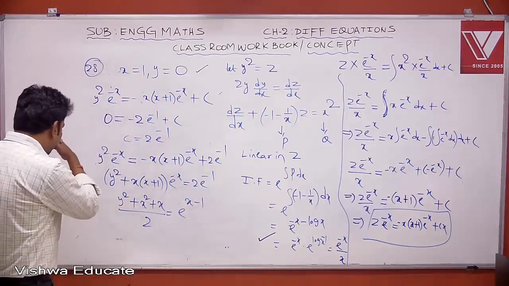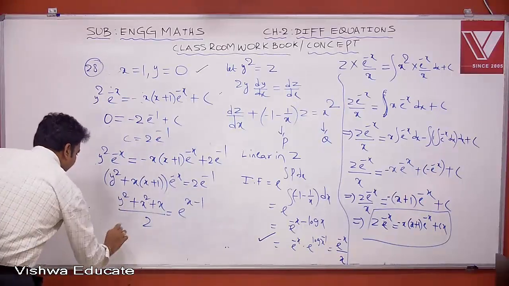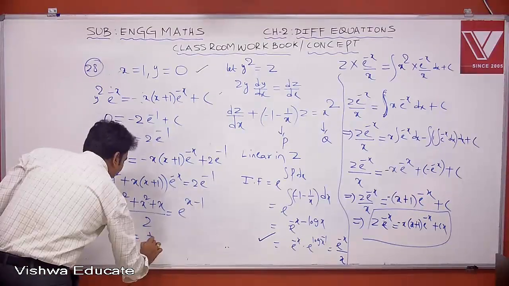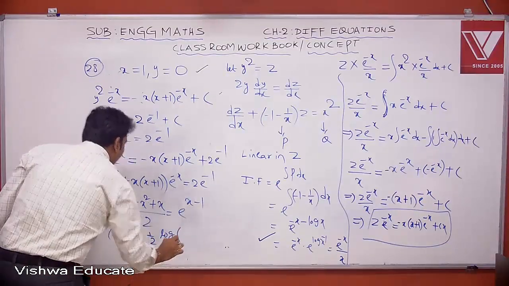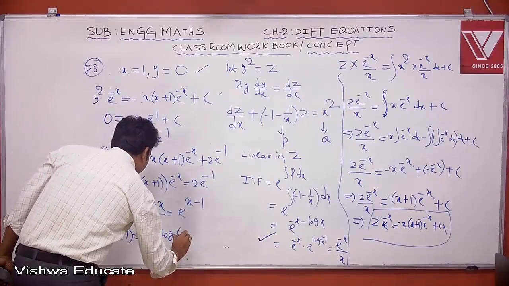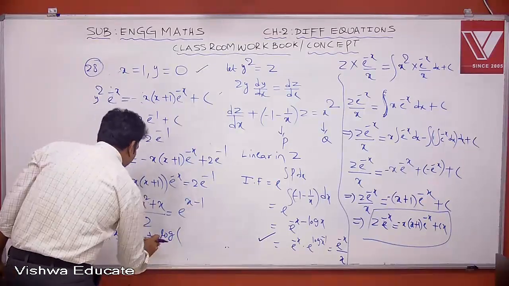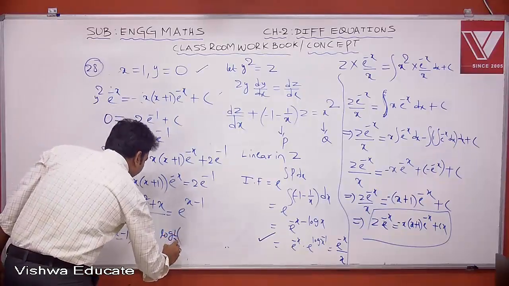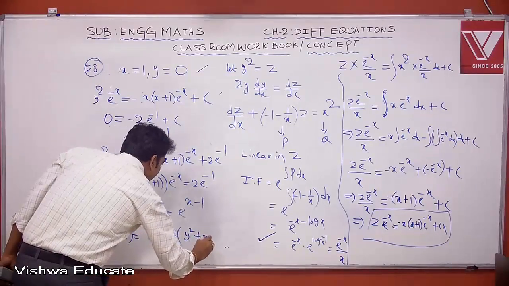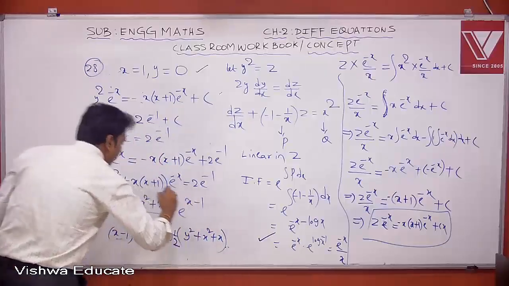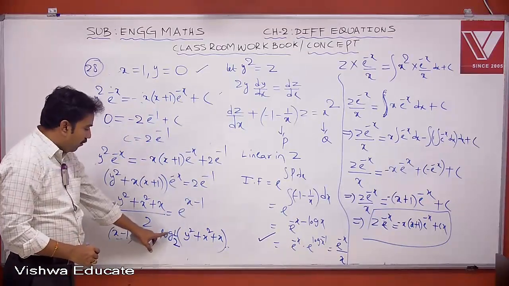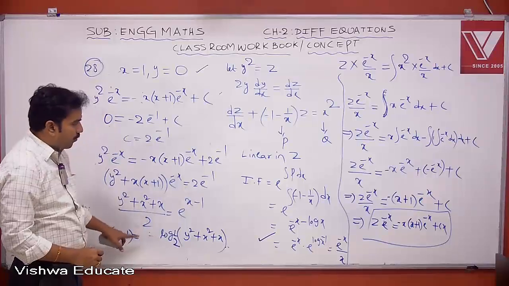Now when you apply log on both sides, it is x minus 1 equal to log of half into y square plus x square plus x.